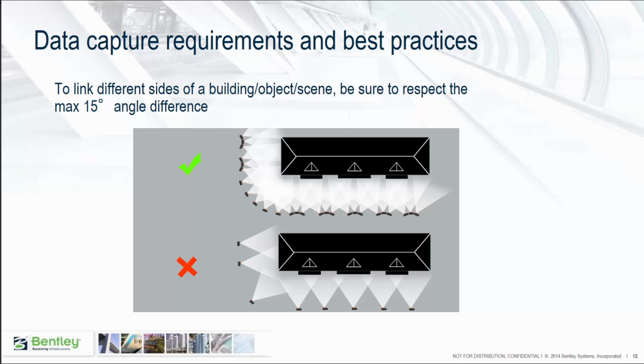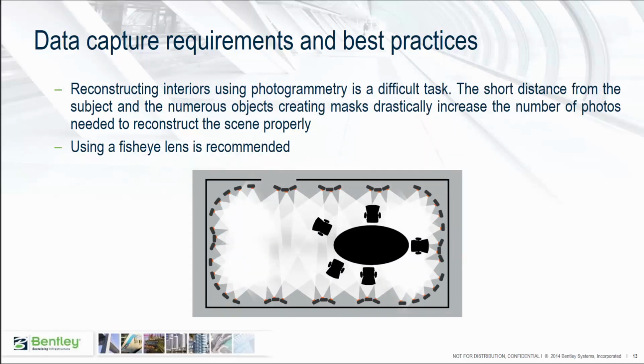Reconstructing interiors using photogrammetry is a difficult task. The short distance from the subject and the numerous objects creating masks drastically increase the number of photos needed to reconstruct the scene properly. On top of this, interiors often comes along with walls and furniture with almost no textures, which makes it really difficult to pass the AT and often leads to holes in the 3D model.